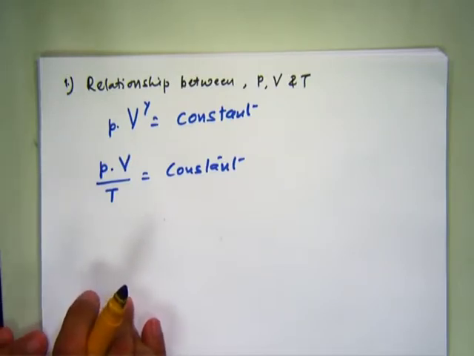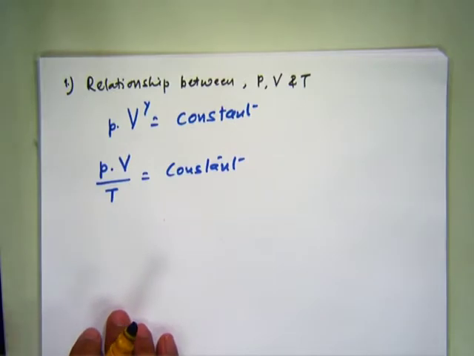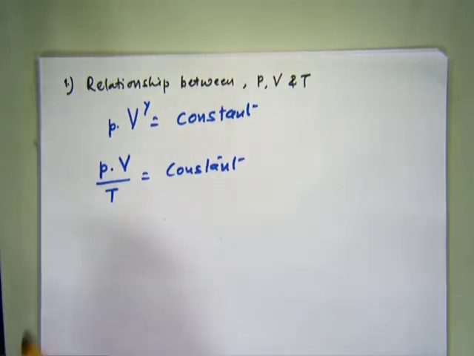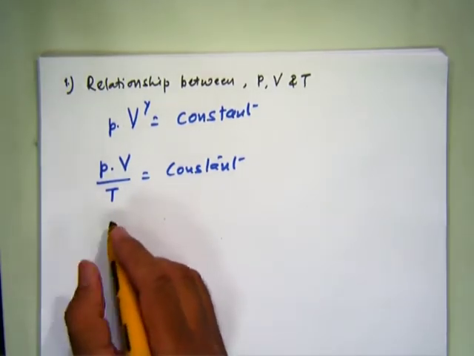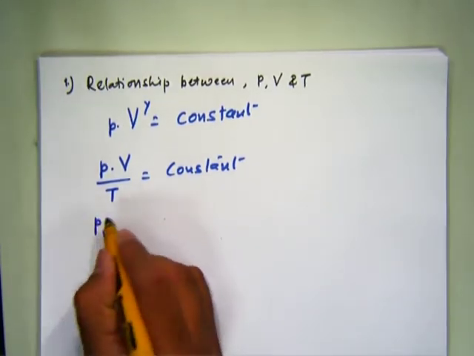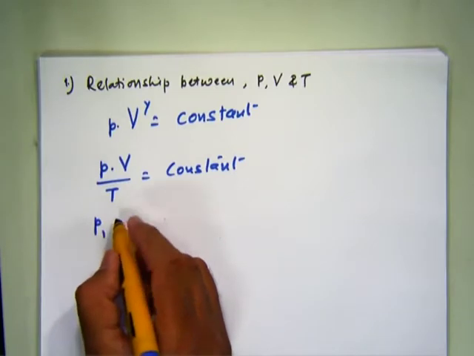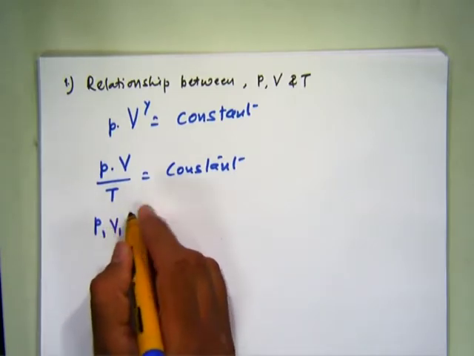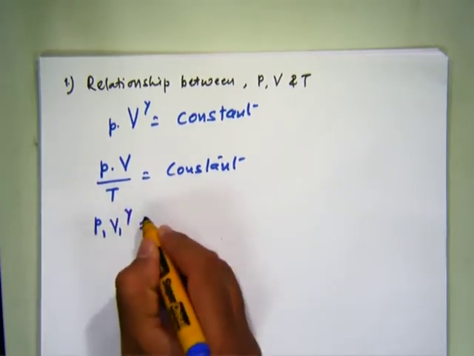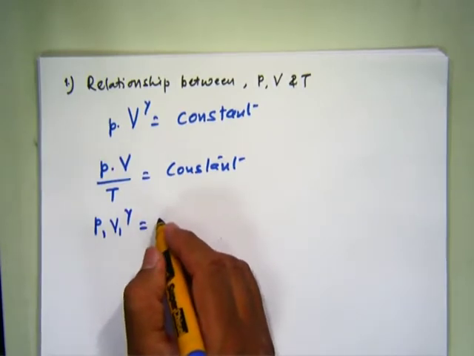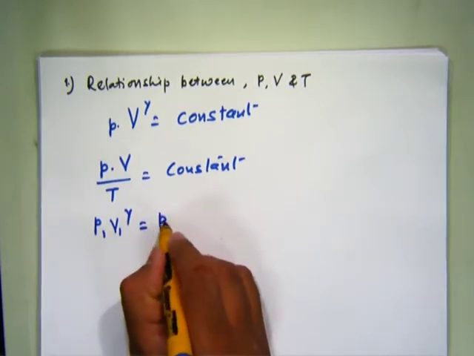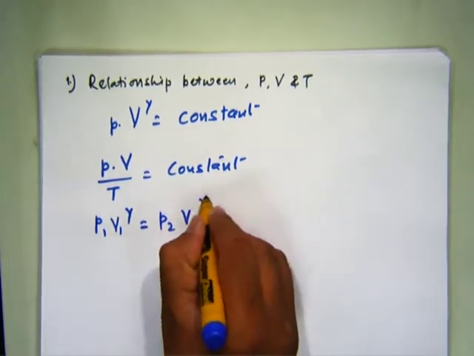So you can say P1 V1 raised to gamma is equal to P2 V2 raised to gamma.